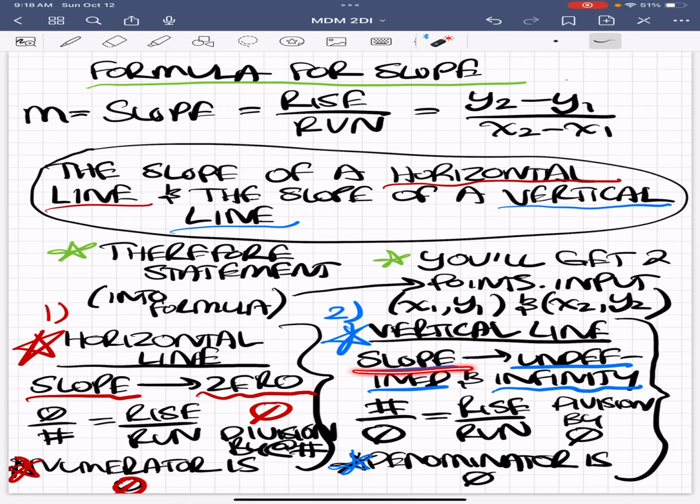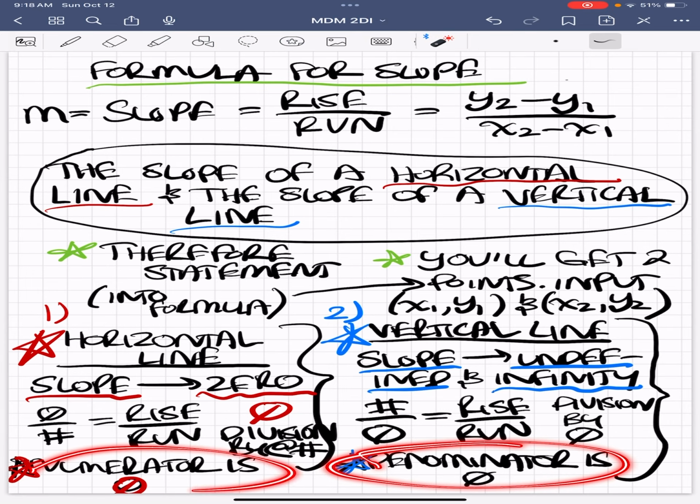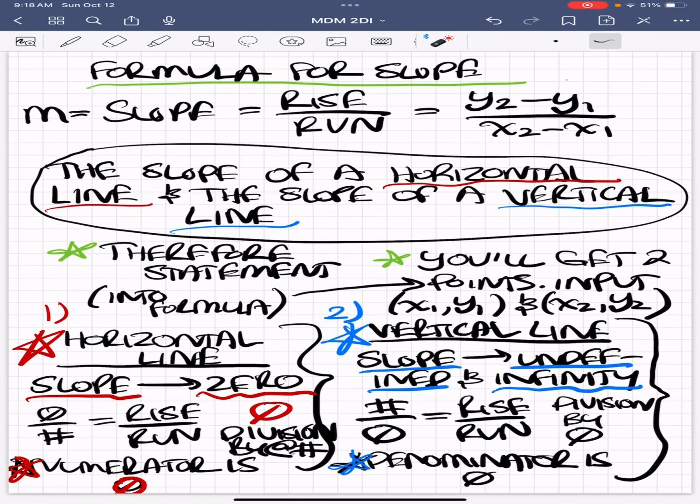Slopes of vertical lines are undefined and or infinity, because we have a number on the top and a 0 for the denominator, and it's division by 0, and technically you cannot divide by 0, which means it becomes undefined. So the denominator is 0 and the numerator is a number. That's how you can tell which is which.